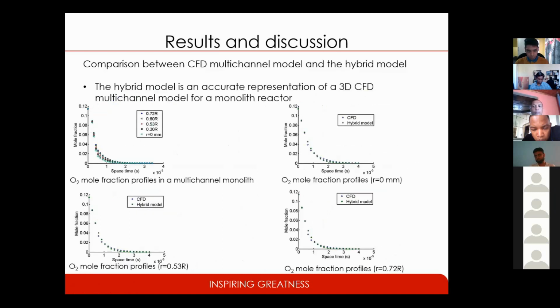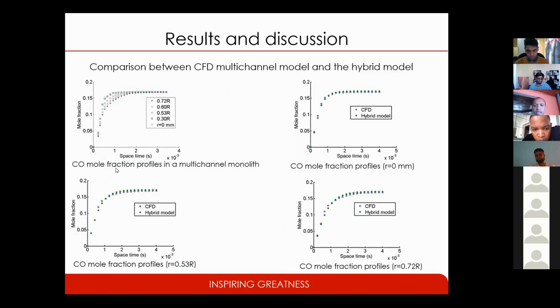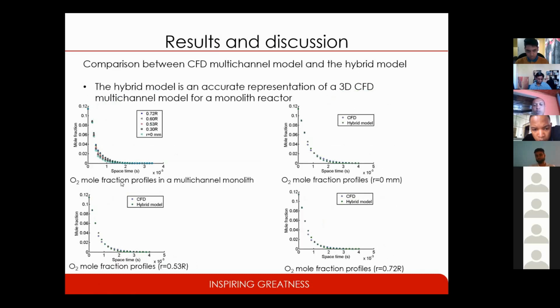We also showed oxygen, and it still shows the close agreement between the multi-channel, which is represented here, and the hybrid model at a chosen R value in the multi-channel case.